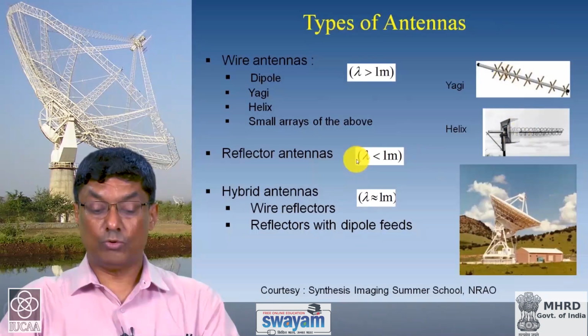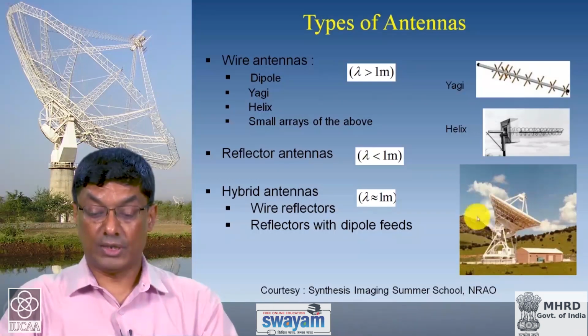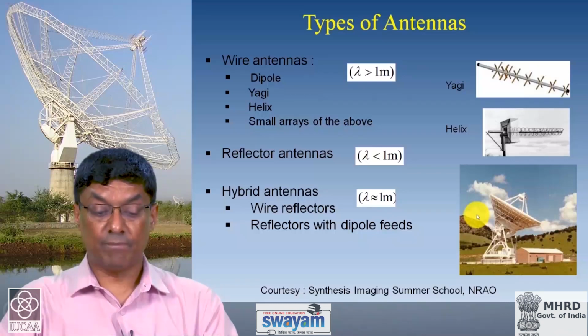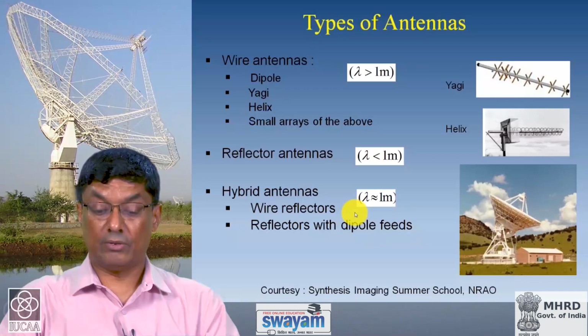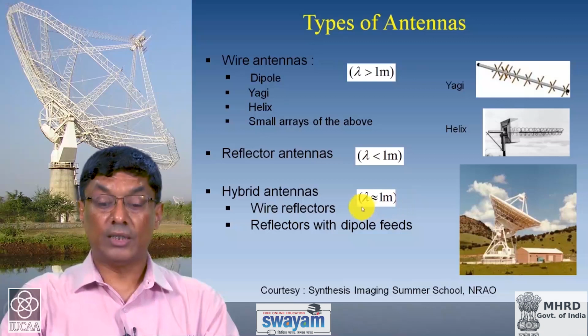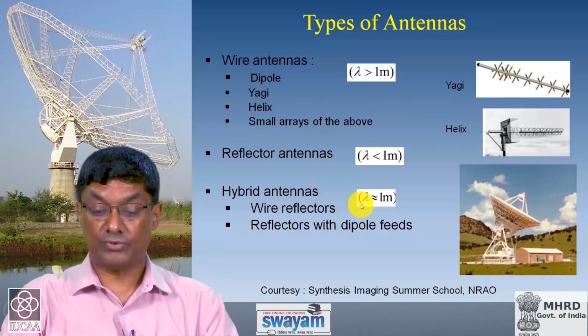And as you go to shorter wavelengths, less than a meter, then the dish antenna, which is the more traditional kind of radio telescope, is the preferred design. And in between there are hybrid antennas where one uses wire reflectors and reflectors with dipole feeds, which work well when you have intermediate wavelengths, which are say of the order of a meter or so, which is around a few hundred megahertz of frequency.